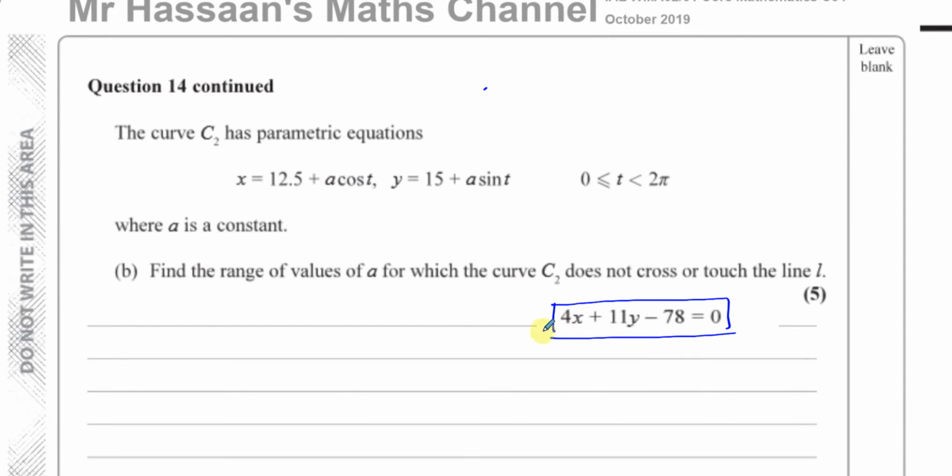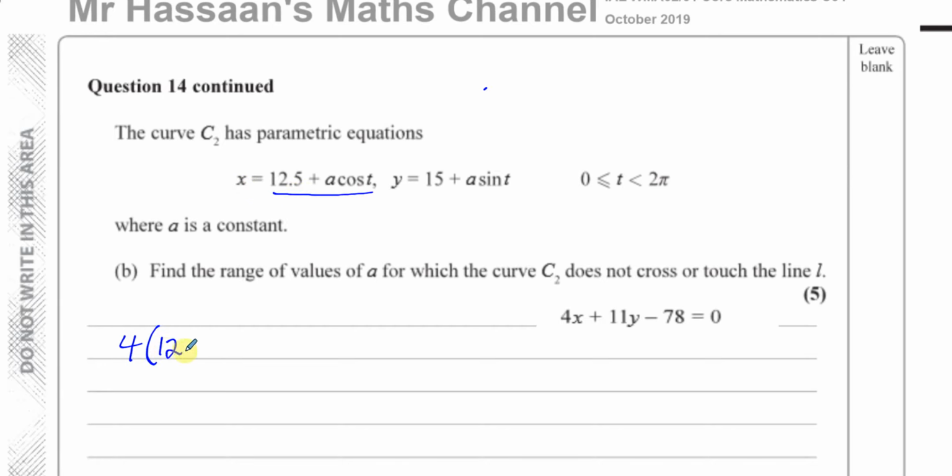When you have a Cartesian equation and a parametric equation and you want to solve them simultaneously, you can take the values of x and y from the parametric equations and substitute them into the Cartesian equation. So instead of 4x, I'll replace the x with what it's equal to from the parametric equation.